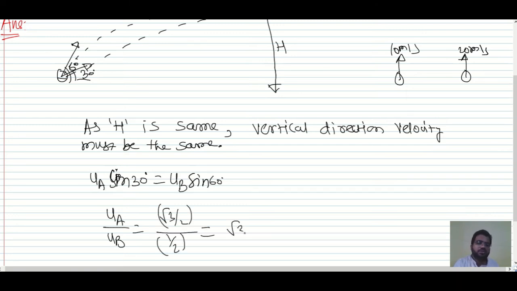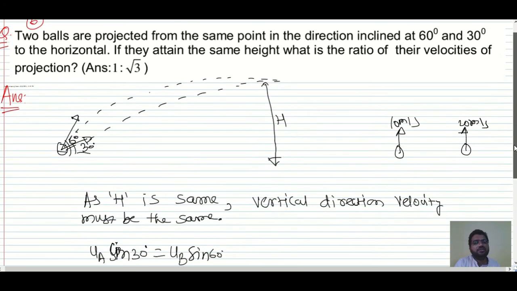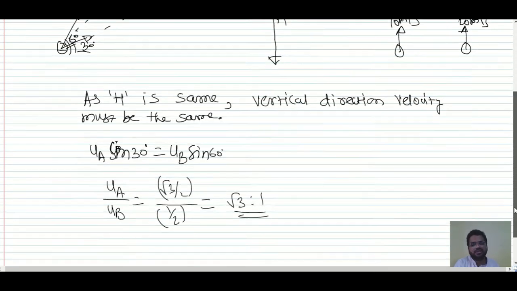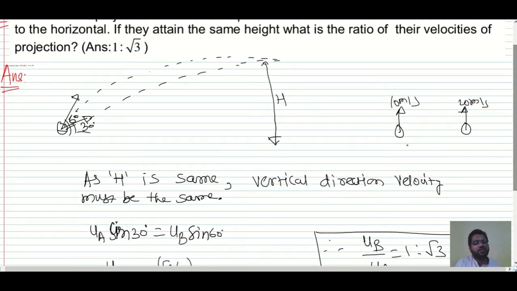If you solve this, you will get root 3 is to 1 as the answer, right? So if the first ball is at 60 and the second ball is at 30, it is 1 is to root 3; therefore UB divided by UA is 1 is to root 3. I hope this is clear. The vertical direction velocity must be the same; then and only then will they attain the same height.